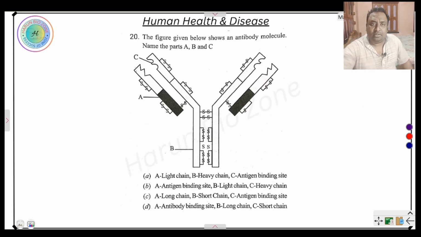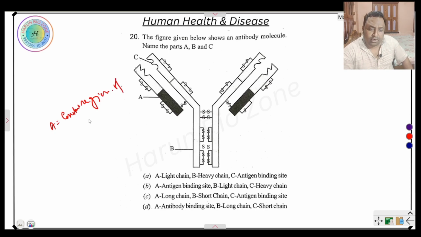Next question. This is the structure of an antibody. The figure given below shows an antibody molecule, the parts A, B and C. Here A is the constant region of the light chain.